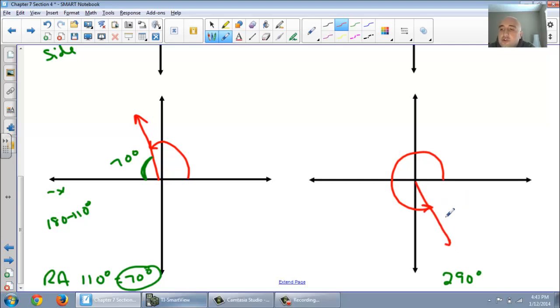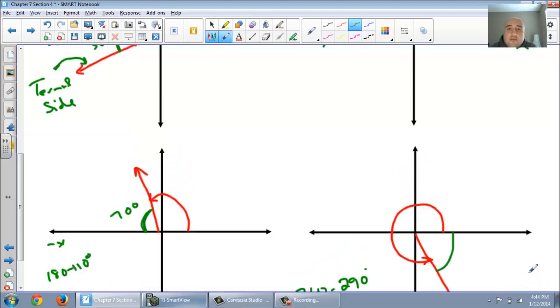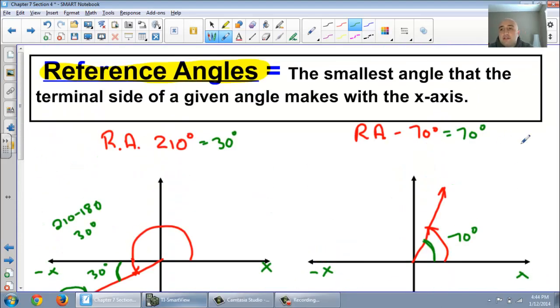So there is my 290 degree angle. Now the question is, how much further is it to get to the nearest x-axis? It's 360 minus your angle. So what's 360 minus 290? Hopefully you see also that that is a 70 degree angle. So the reference angle here is 70 degrees. Now notice reference angles are always positive.